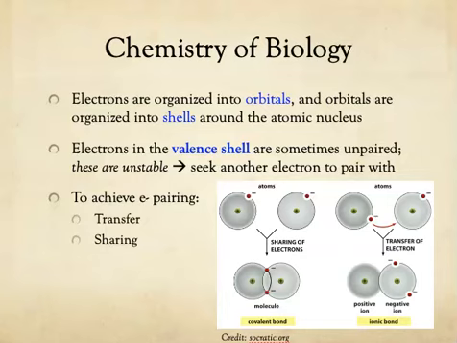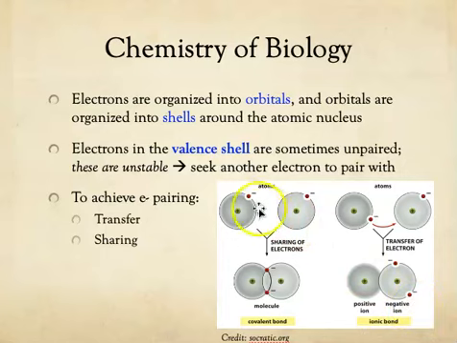Now, in order to achieve electron pairing, there are two ways to do it. Either electrons can be transferred from one atom to another, or a pair of electrons can be shared between two atoms.